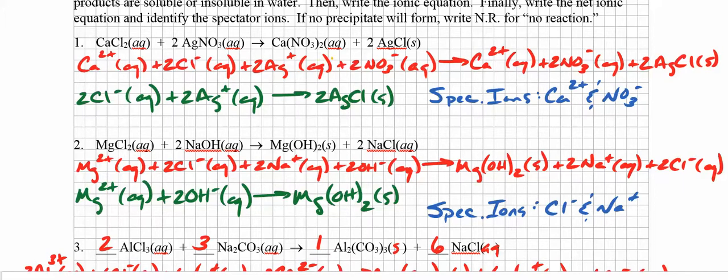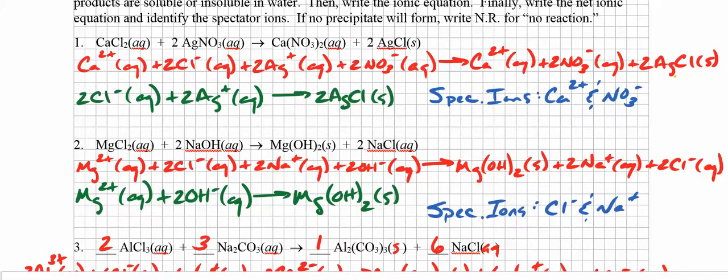That means it's going to break down in a water solution. So calcium becomes Ca2+, that's aqueous, and nitrate has a 2 after it, so that's 2 moles of nitrate ions, also aqueous. Plus, notice silver chloride is a solid. You can verify that using your solubility chart, and there's a 2 in front of it, so we have 2 moles of silver chloride. That's a solid.